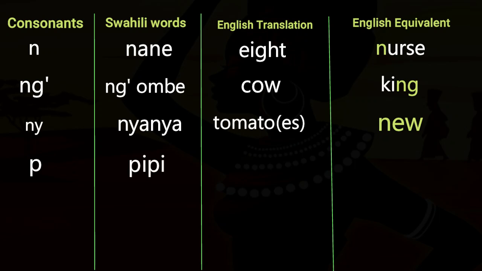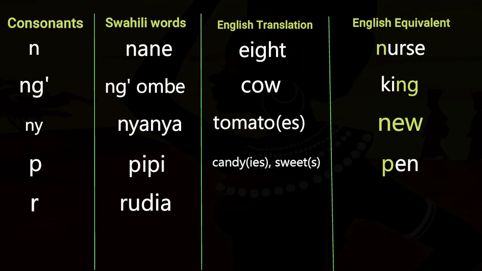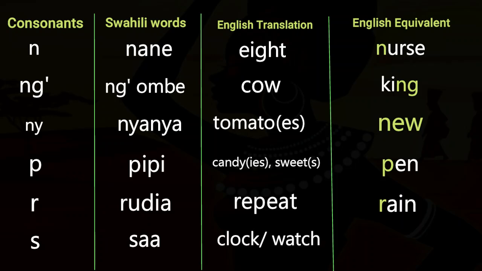Pipi, candies, as in pen. Rudia, repeat, as in rain. Sa, clock, as in see.